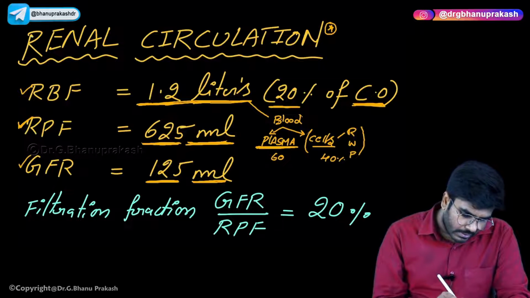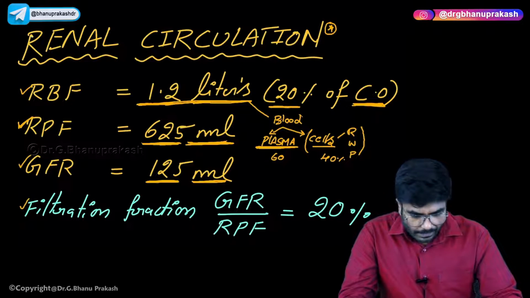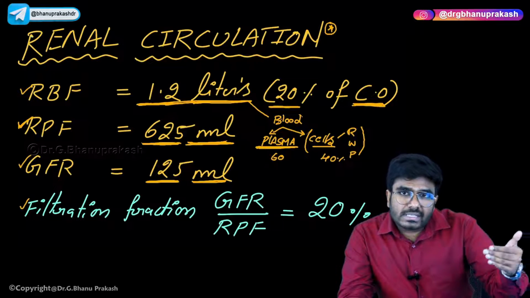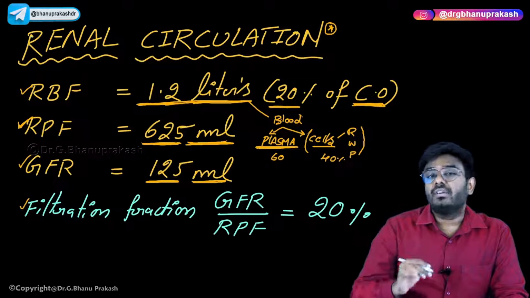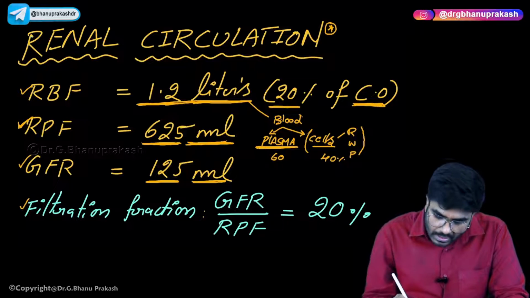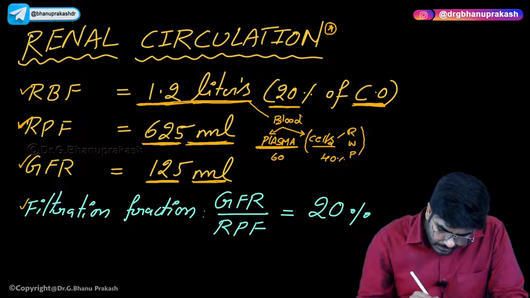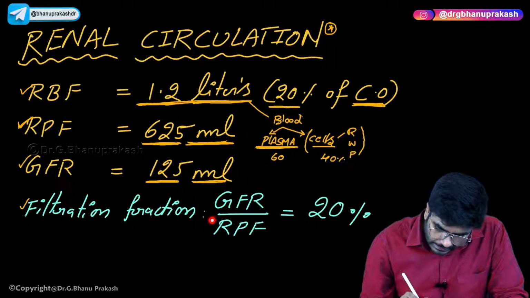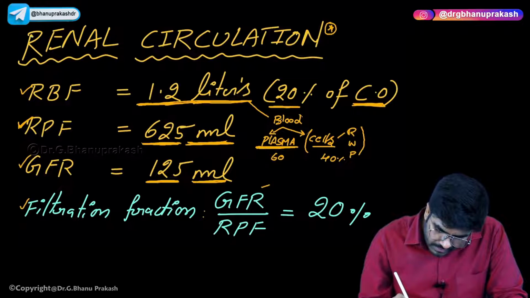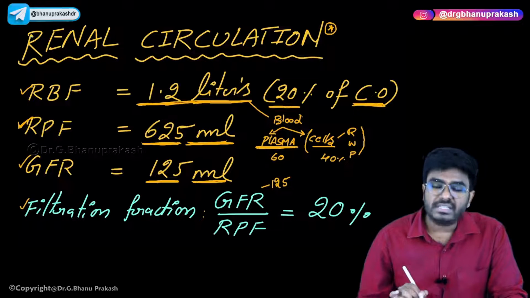Okay. Now, let's discuss one more formula: filtration fraction. Fraction means how much is coming and how much is getting filtered. The filtration fraction formula is GFR divided by renal plasma flow. What is the normal GFR value? GFR is 125 ml, so this much is getting filtered.